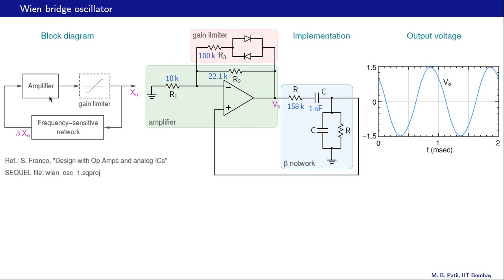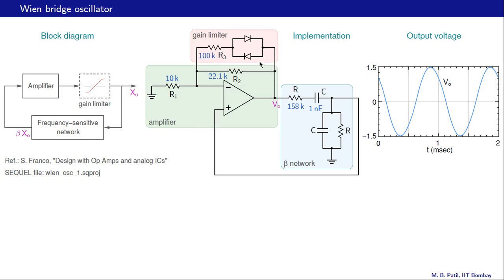We have an amplifier here, and in this circuit diagram the amplifier is here. What kind of amplifier is it? It's essentially a non-inverting amplifier, and the gain would be 1 plus R2 by R1. Then there is this gain limiter block in the block diagram, and that is right here.